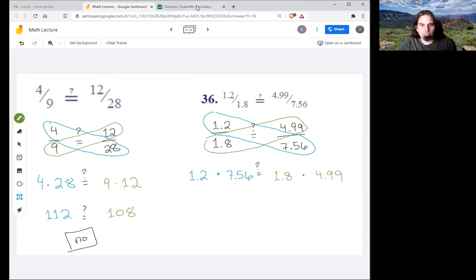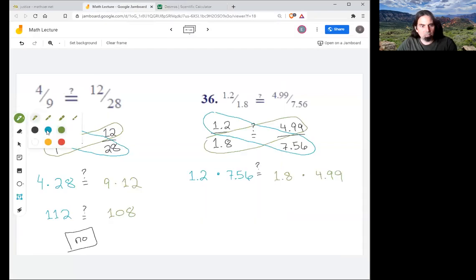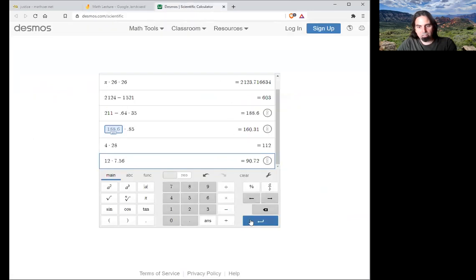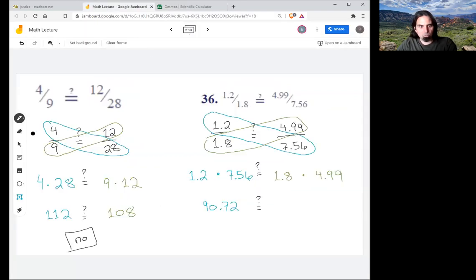So 12 times 7.56 is 90.72. 1.8 times whatever that was, 4.99 is, oh, it was 1.2, so that's going to be smaller. 9.072.